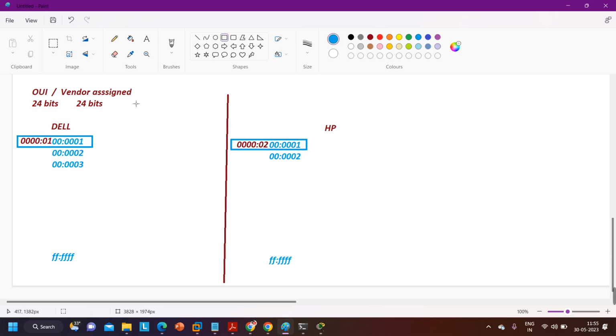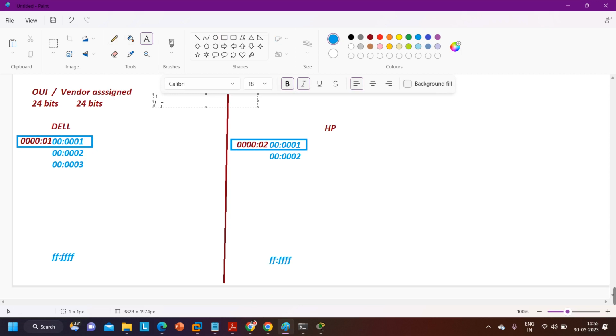Who is responsible for it? The organization whose name is IANA, Internet Assigned Number Authority. So this is all about the MAC address. Now it's very clear that it is a 48 bits address.